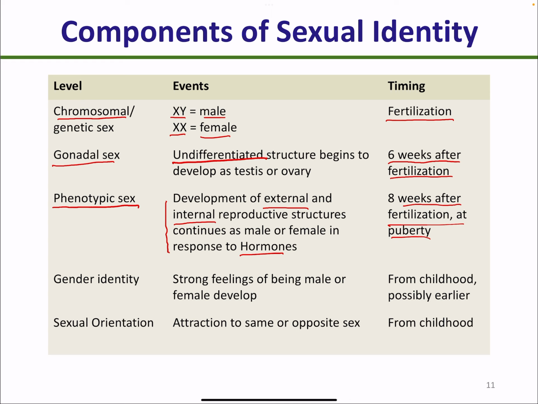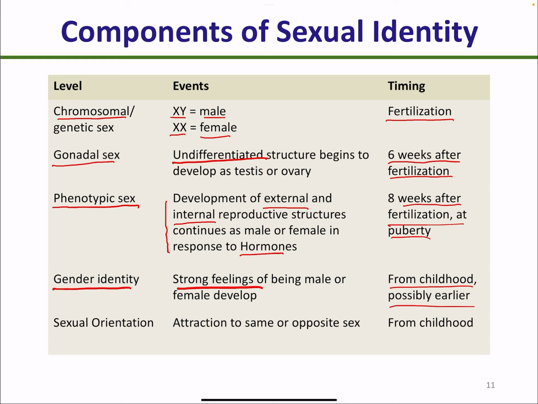Okay, gender identity, it's basically the stronger feelings that are going to develop in male and female, right? And this is going to start in childhood and going to keep developing.